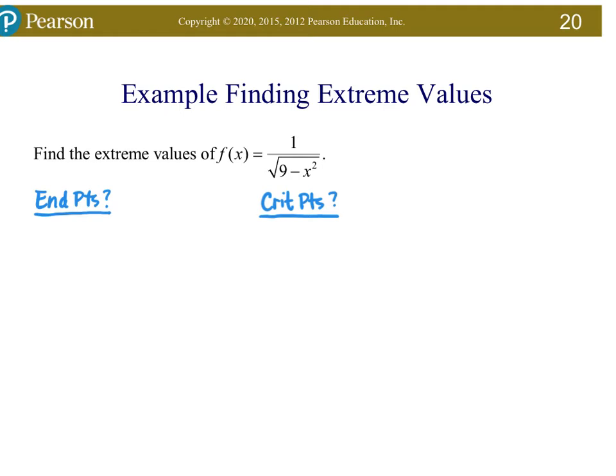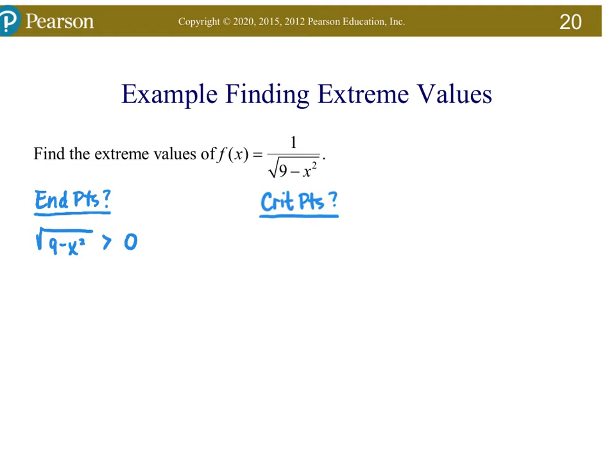Now this function does have a denominator and it does have a square root. And so we need to take what's in the denominator and under the square root and find the rules that say it has to stay greater than 0. So we're going to do the math on this to figure out where the endpoints might be of this problem.